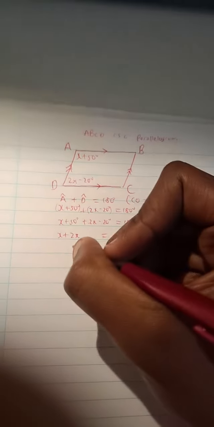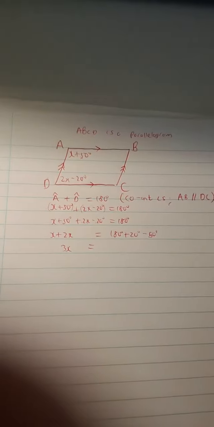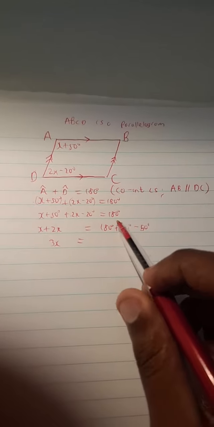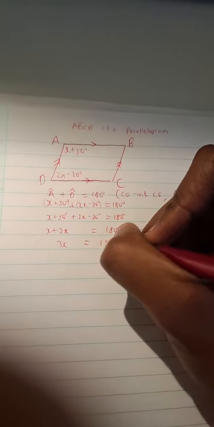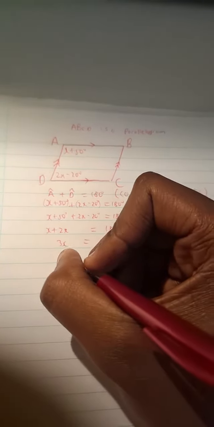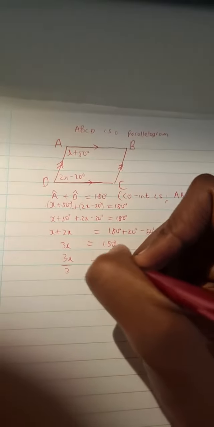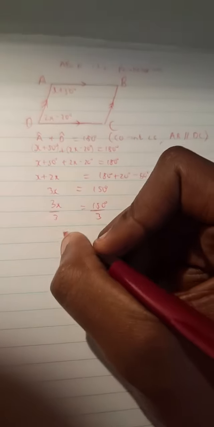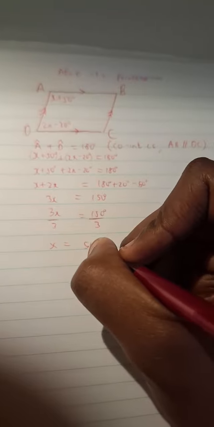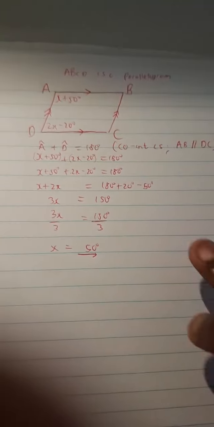Then x plus 2x gives us 3x, and then 180 plus 20 is 200. 200 minus 50 gives us 150. And then we divide both sides by 3. And then we get a beautiful answer of x is equal to 50 degrees.